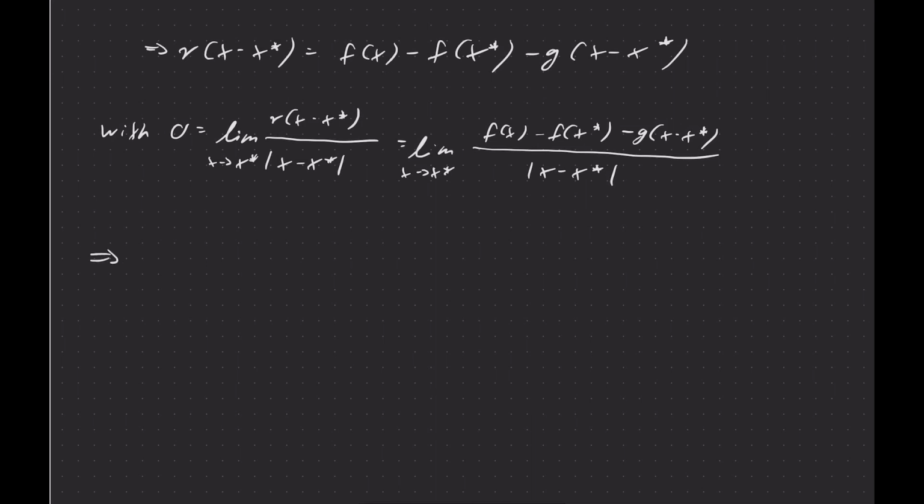So that means, in particular, case 1, let's first consider the limit as x approaches x star from above. So x is greater than x star. Of course, this limit is then also 0.